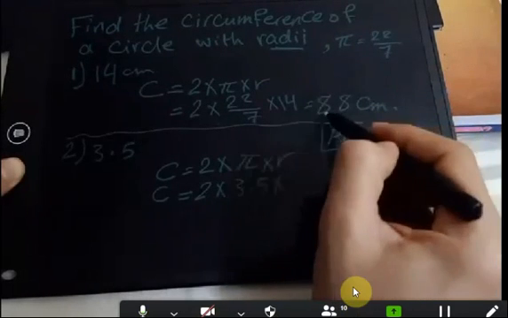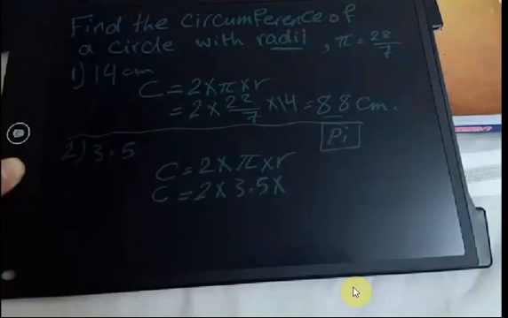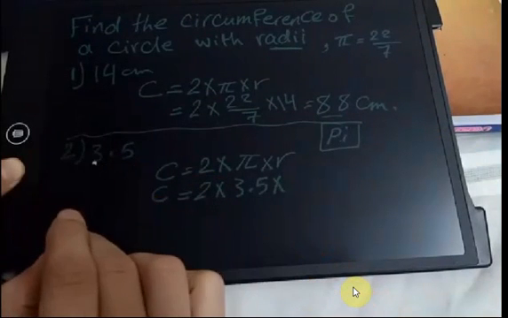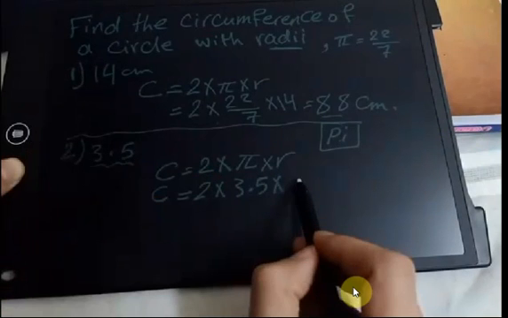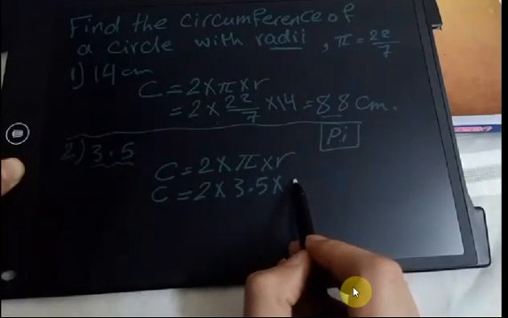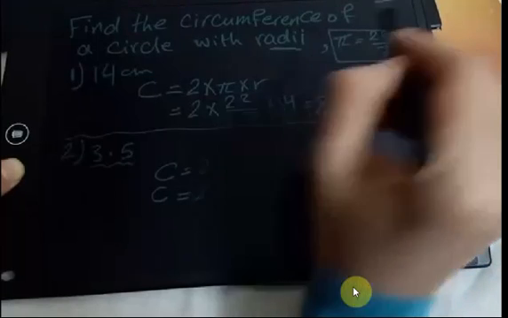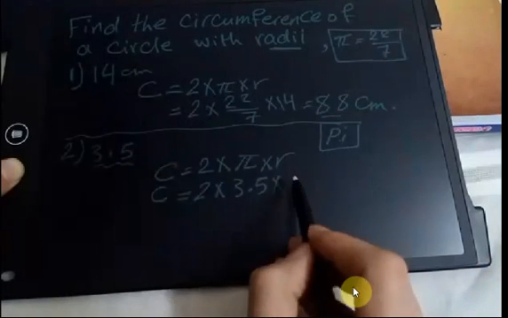No, the 88 was for the first question, and the first question is finished. The r in the second question is 3.5, and I give you a constant value for the pi, and it's 22/7. Sorry.